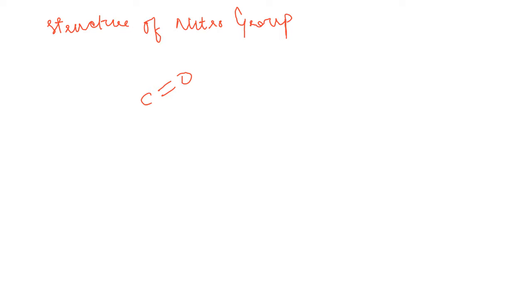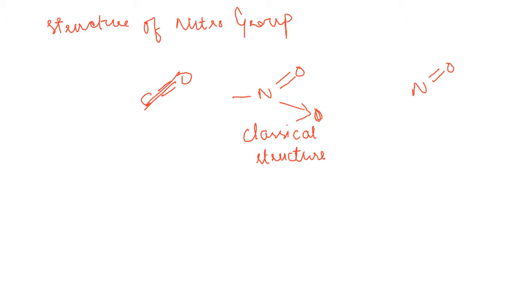Sorry, N is there, not C. This one is the classical structure. And if we write it in this way, this is the polar structure.